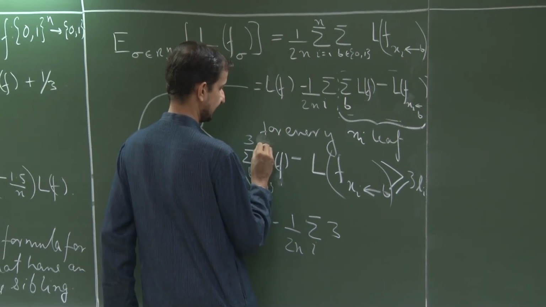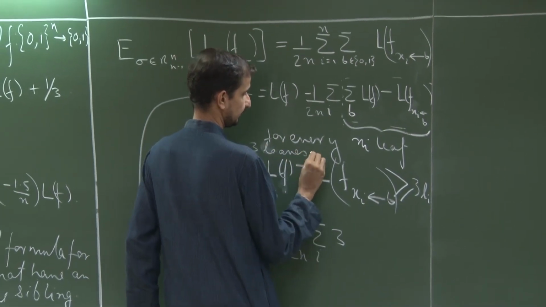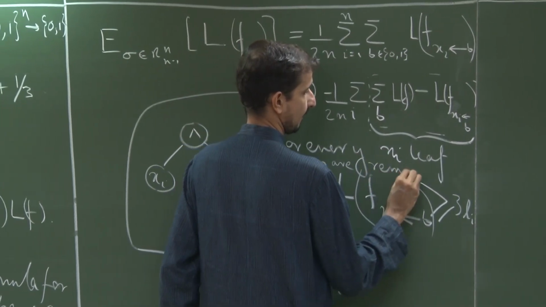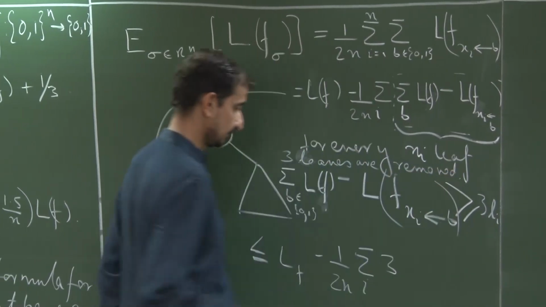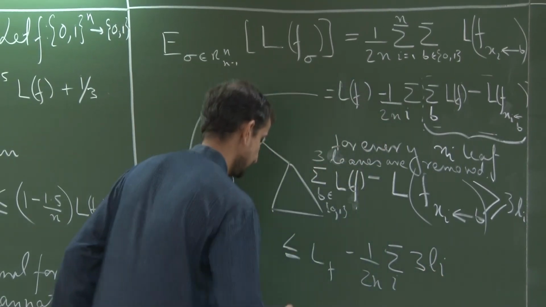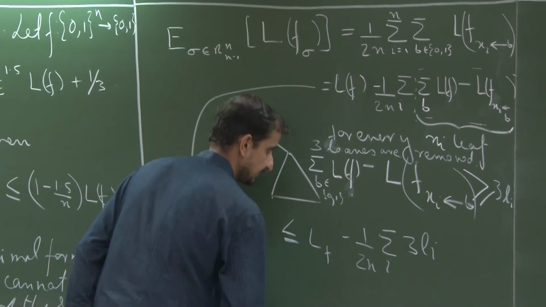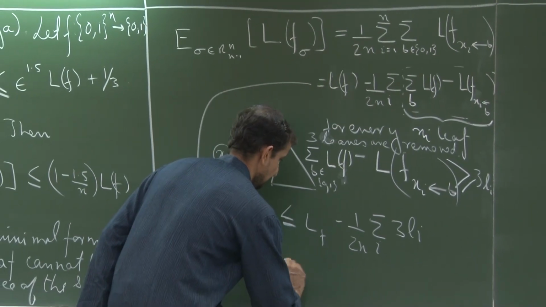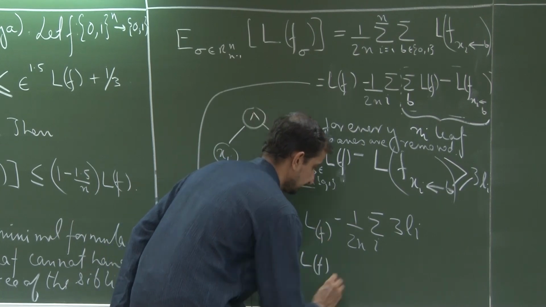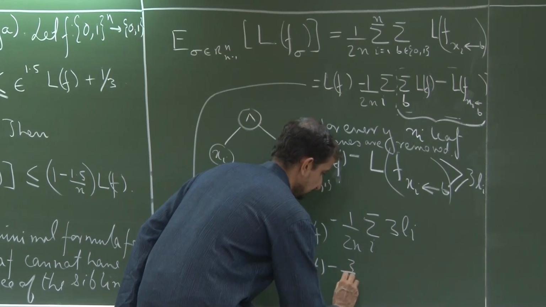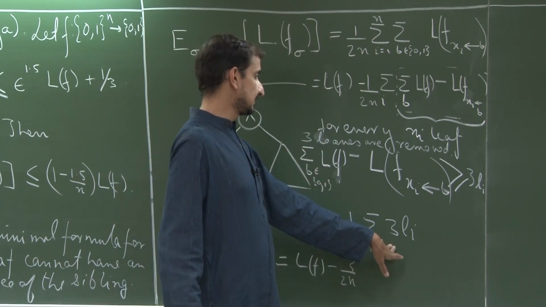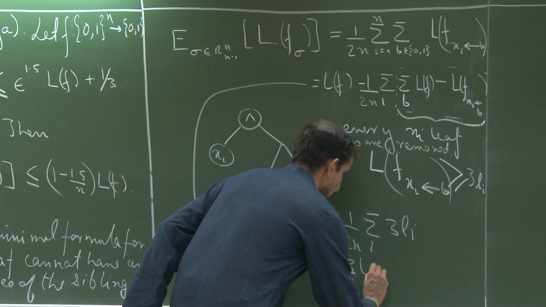For every xi leaf, 3 leaves are removed. So I will have 3 times Li. So this I can write as equal to L of f minus 3 over 2n, and sigma Li is nothing but L of f.